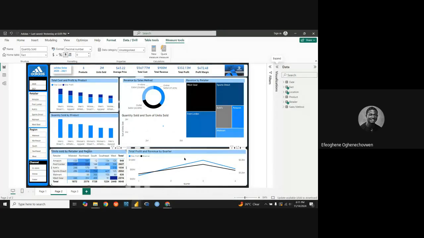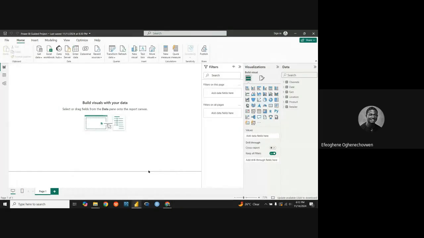You can go online together, but I already have them downloaded offline, so I just pick them from my local storage. In creating the dashboard, you make use of some of these visuals here, in the build your visual pane. The first thing we want to do is create a background.